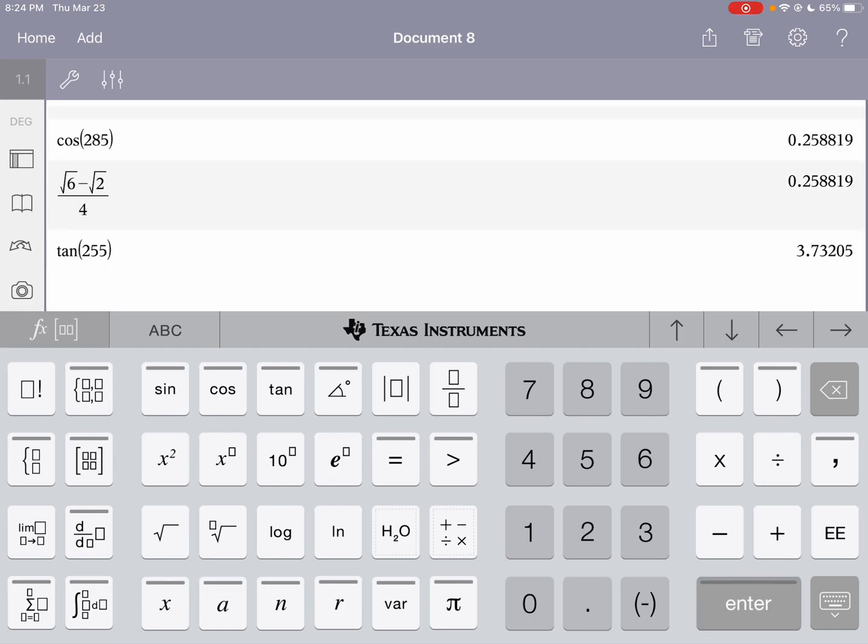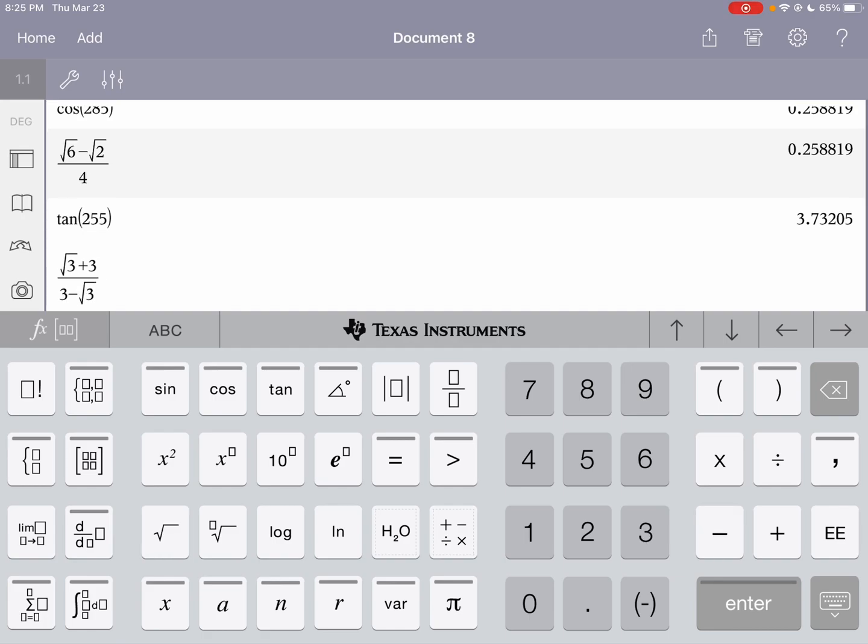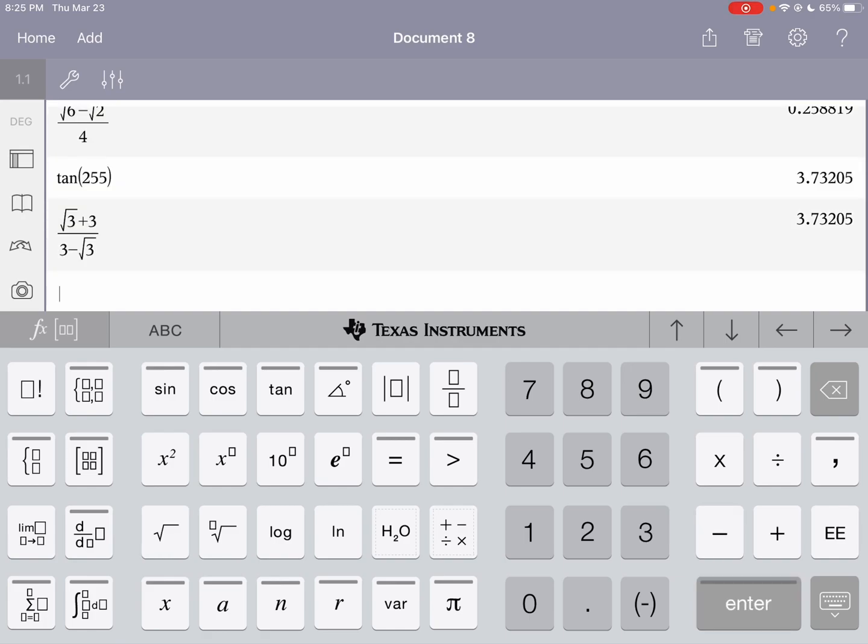That gives us this angle right here. Then I'm going to type in the answer that I allowed you to stop at, which is rad 3 plus 3 over 3 minus rad 3. And we see that we get the same answer.